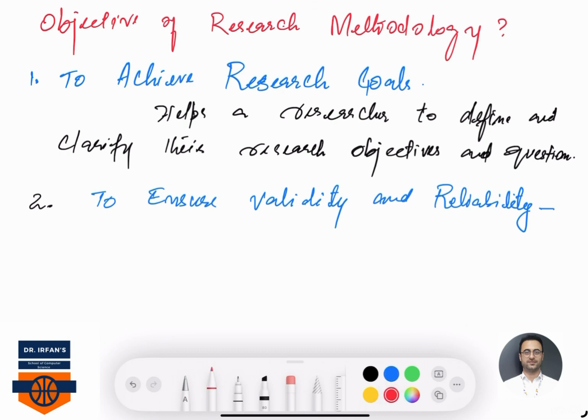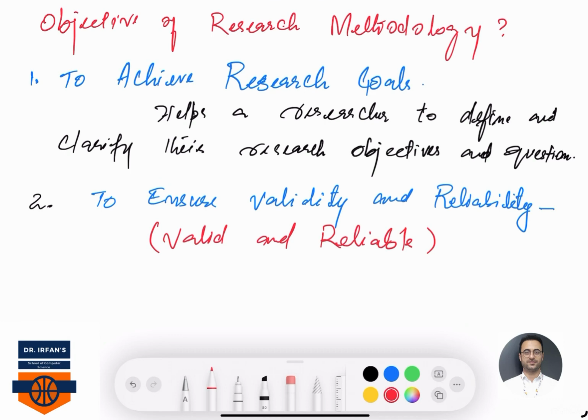Correct? Without validity or without the reliability, research cannot be valid. So this objective, to ensure validity and reliability, research methodology helps you. Research methodology ensures that the research is valid and reliable.